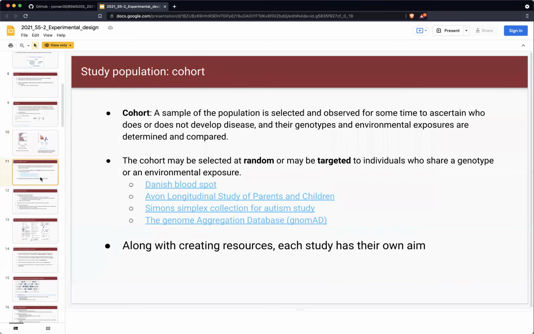Okay, so when we're studying genetic research, we also come across a key terminology, which is cohort. Cohort is one of the terms you might see many times in large-scale genetic research. A cohort refers to a sample of the population that is selected and observed for some time to ascertain who does or does not develop disease, right?